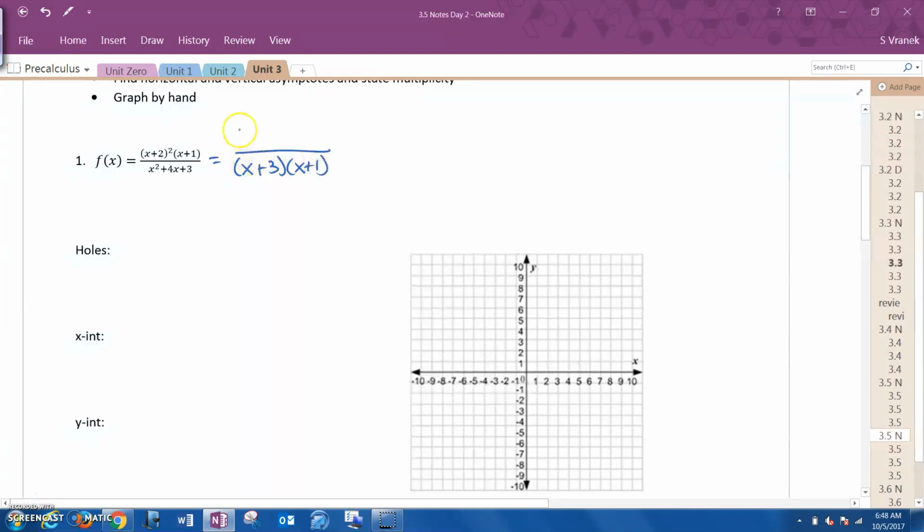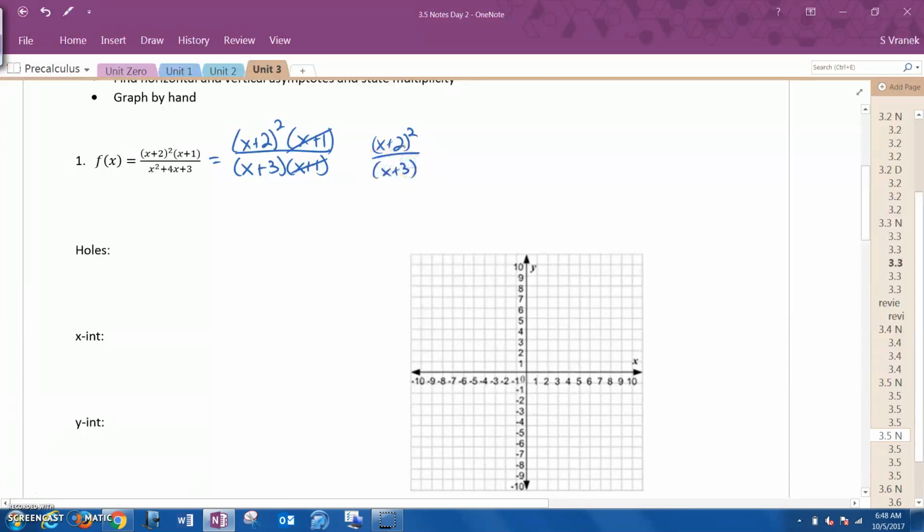Now today you're going to notice a few new things that we didn't get to yesterday. For example, we have to reduce this, and this does reduce into x plus 2 quantity squared over x plus 3.